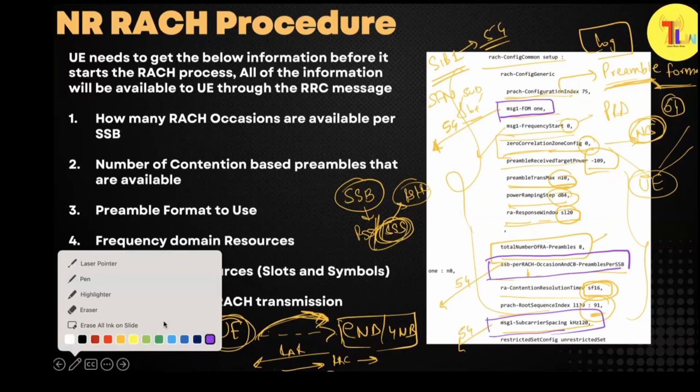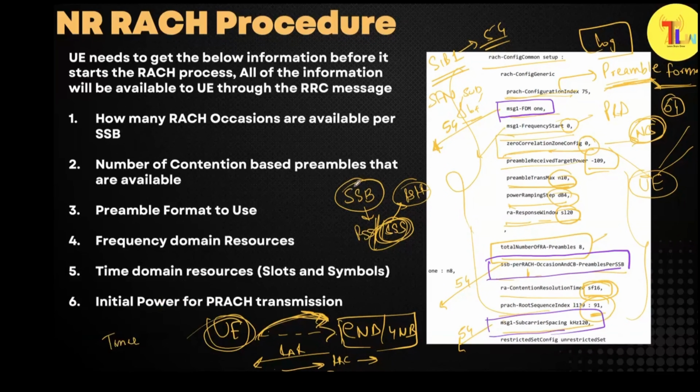And why do we have this? Because now we have the SSB concept, beam sweeping and all those things. Because of that, we have message one frequency division multiplexed, SSB per RACH occasion, contention based preambles per SSB, and the subcarrier spacing.